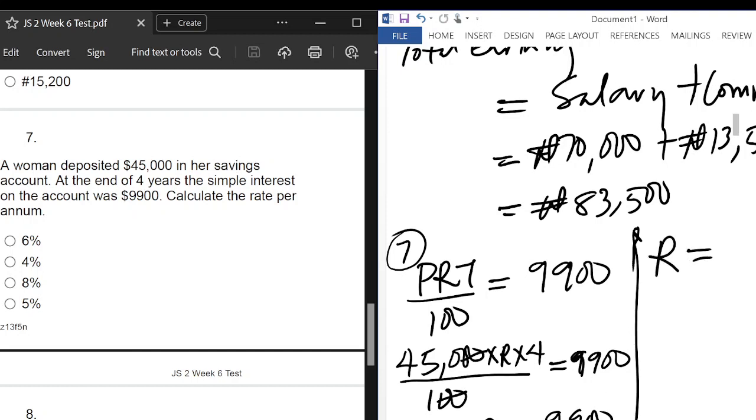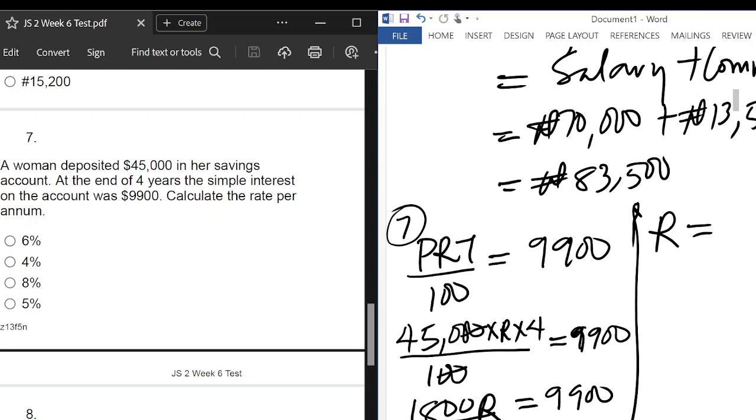That means we're going to divide both sides by 1,800. So 9,900 divided by 1,800 will give us 5.5%.